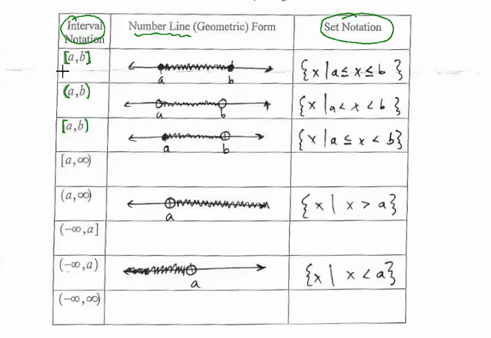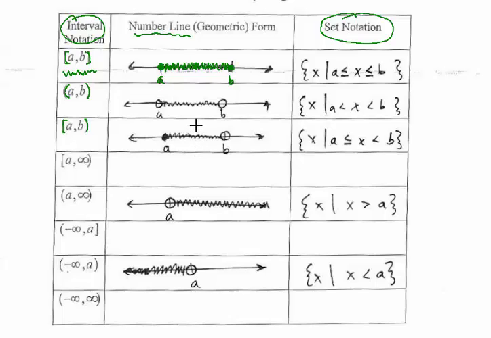If we were given this as our interval notation, what it's telling us is that we have any numbers in between a and b, these numbers that are shaded in the middle, any of these numbers are in the interval, and then with a and b having brackets, a and b are included themselves. And so to show that on a number line, we put solid dots in the place of a and b. And we also want to label our dots with the numbers a and b.